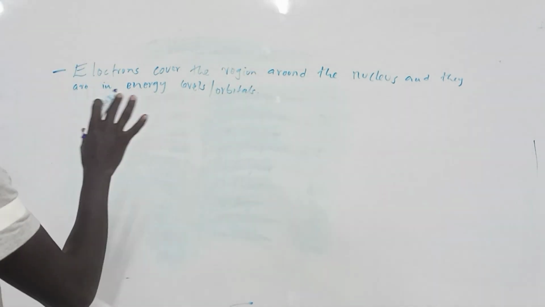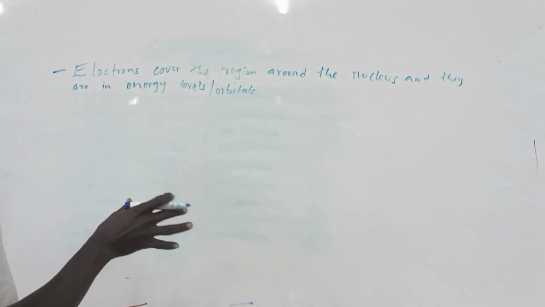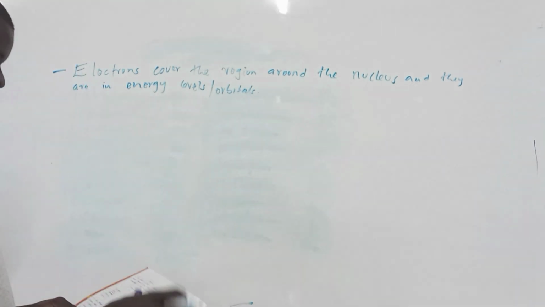So electrons, they cover the region around the nucleus, and these electrons are in energy levels or orbitals.